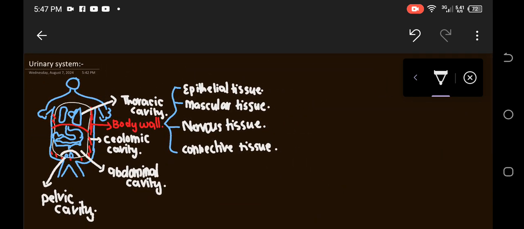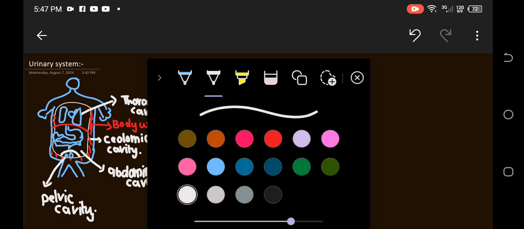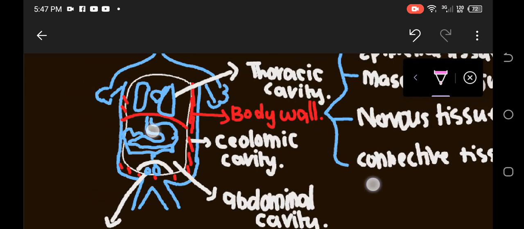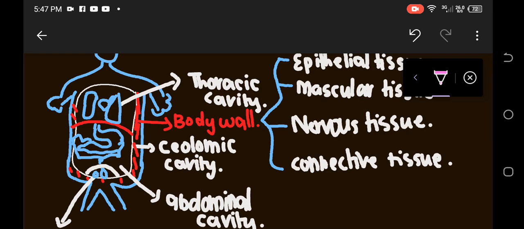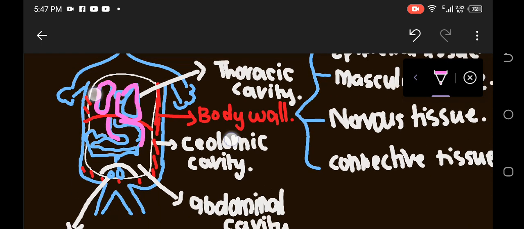Now this is our body, and all the organs of our body are covered by one layer. All the organs of the body are covered by the layer known as the visceral layer.